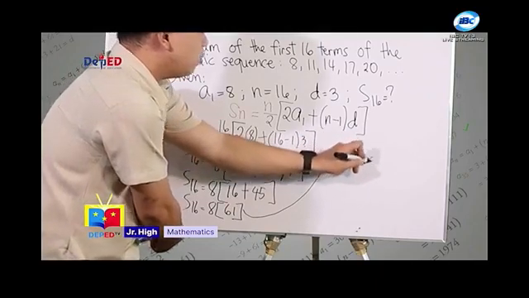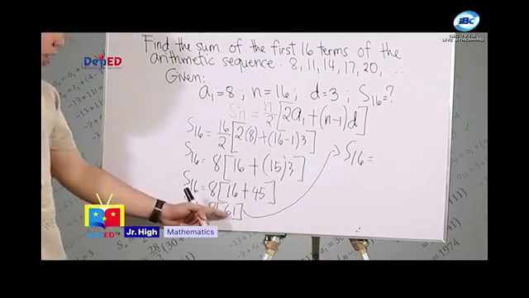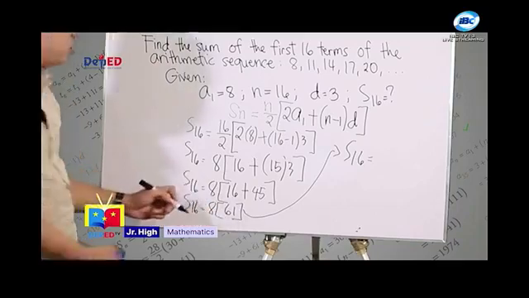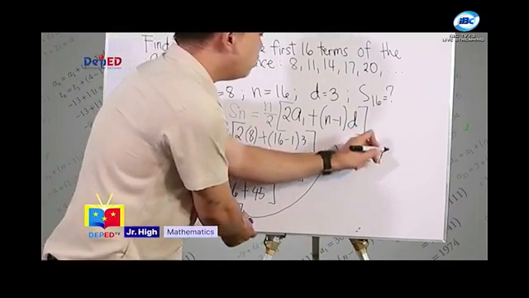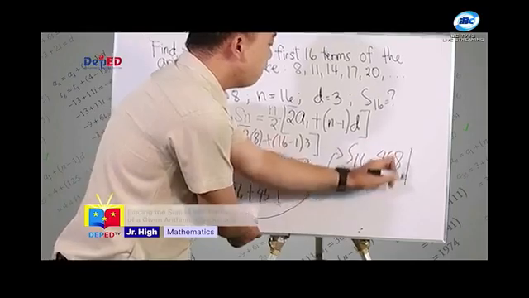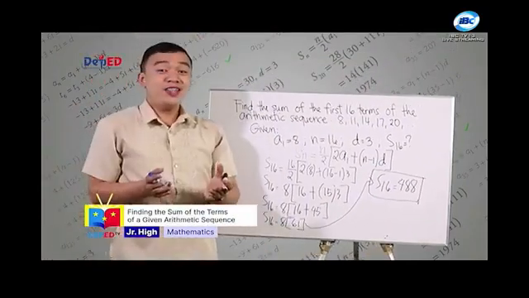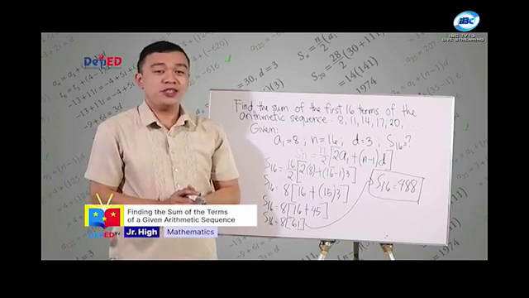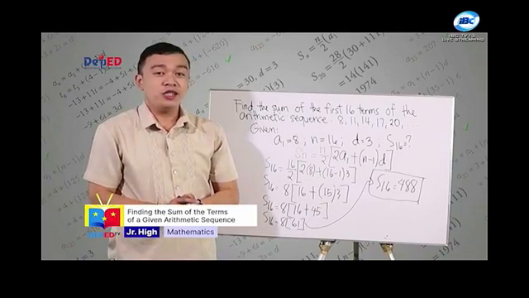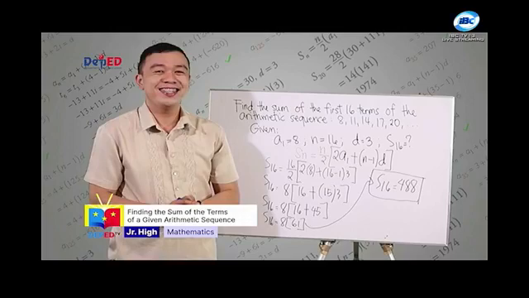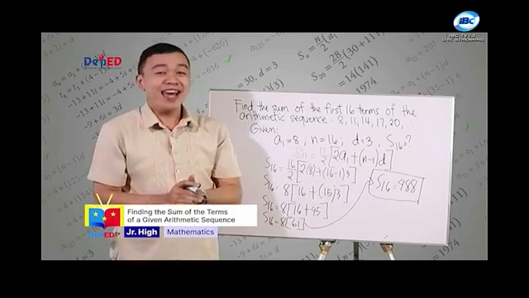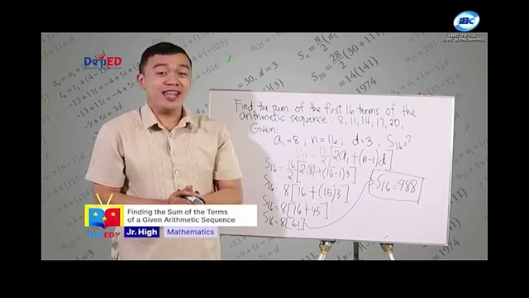Our S sub 16 is equal to the product of 8 and 61, that is equal to 488. Thus, the sum of the first 16 terms of the series is 488. Great! Now, let's move forward to the next example.